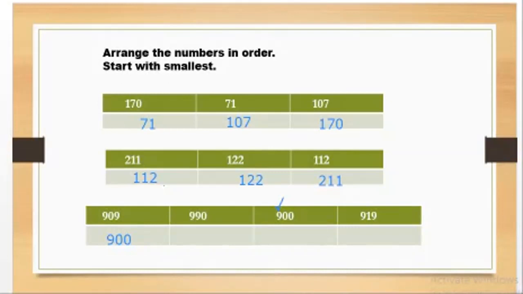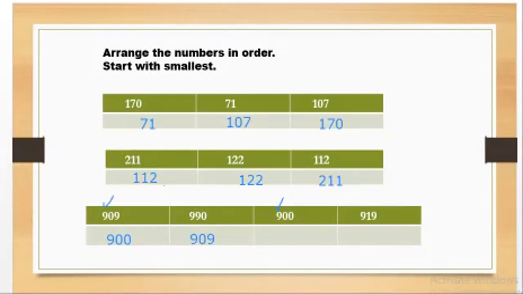Yes, I'm sure. That is 909, since 19 and 90 differ, and that is only 9 at the end. So we are going to put this number over here, 909. Very good.